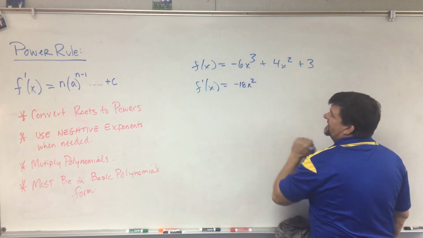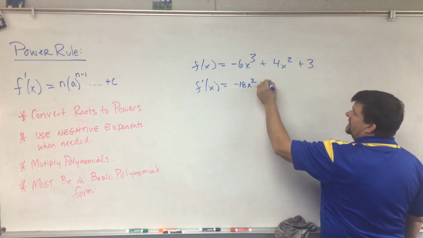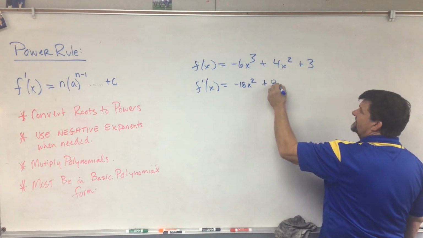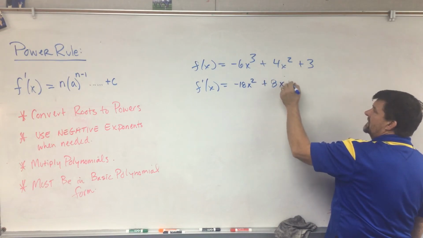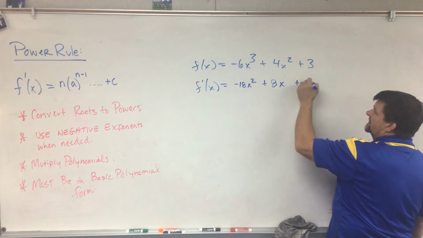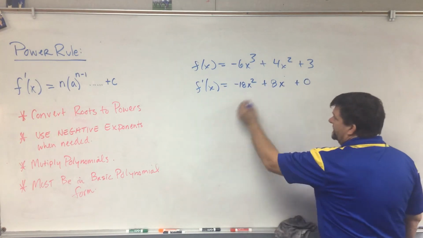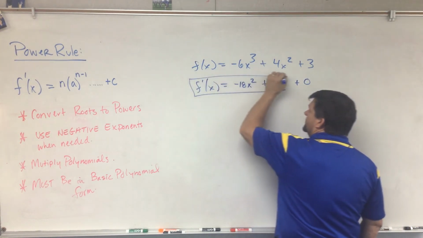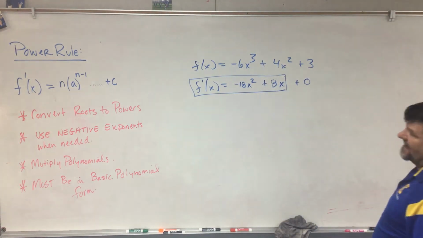So that first one is negative 18x squared plus 2 times 4 is 8. 2 minus 1 is 1. And the constants become 0. So that is my new derivative. So that is the power rule.